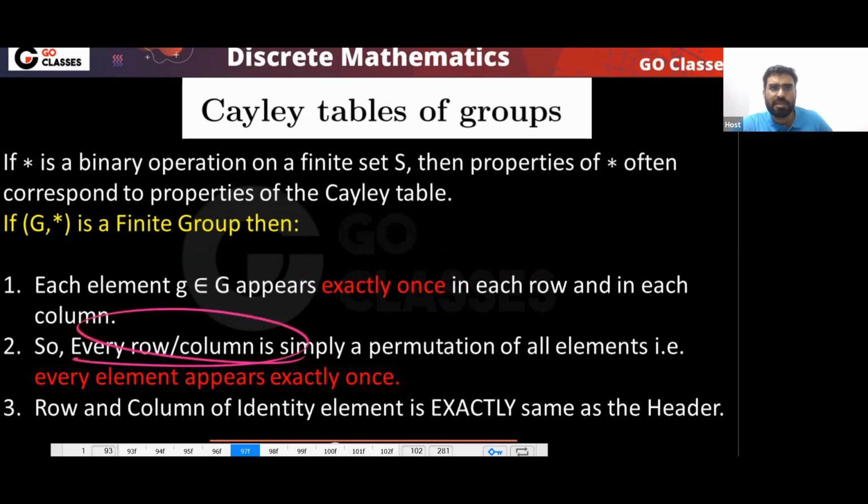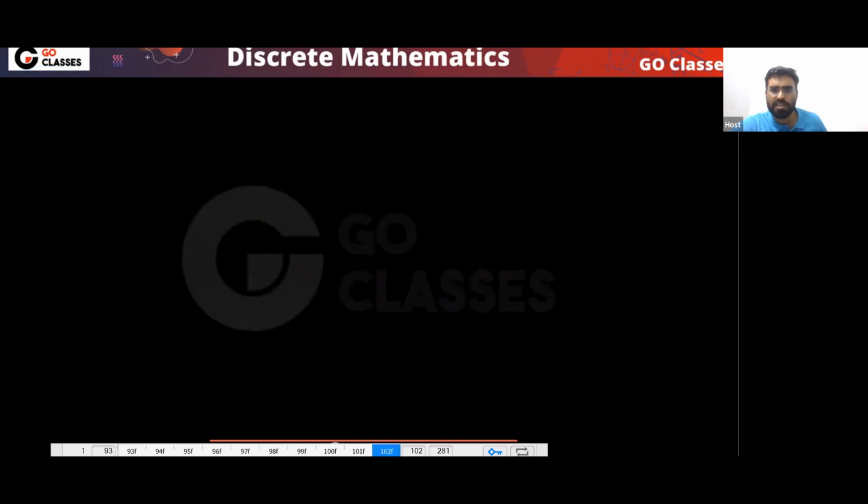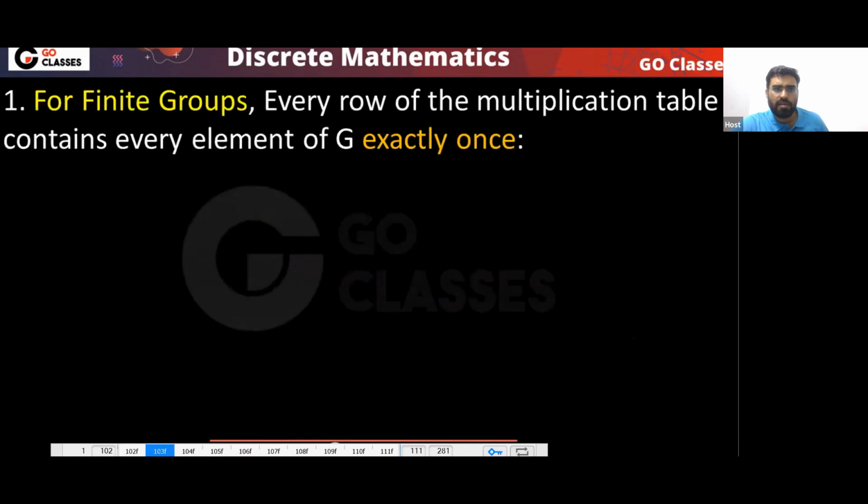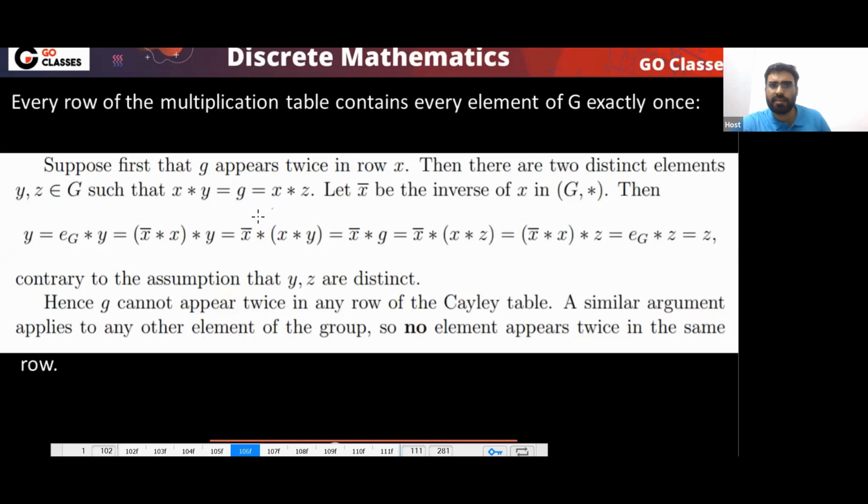Every row, every column is simply a permutation of all elements, meaning every element will appear exactly once. Very simple. So in every finite group, every row of the Cayley table will contain every element exactly once. Like Sudoku. Yes, correct, like Sudoku.